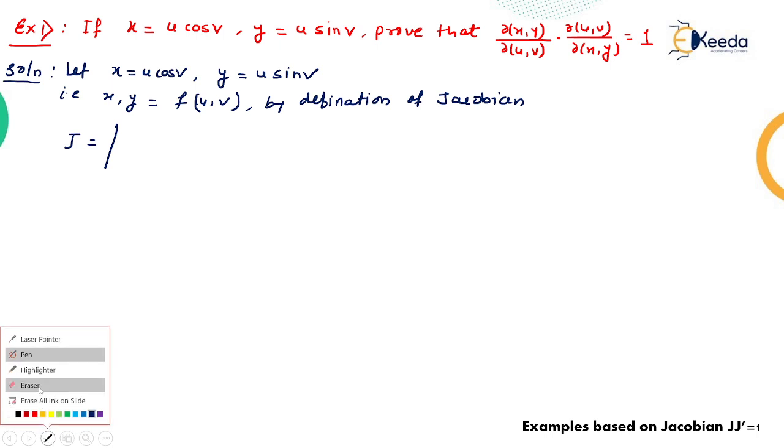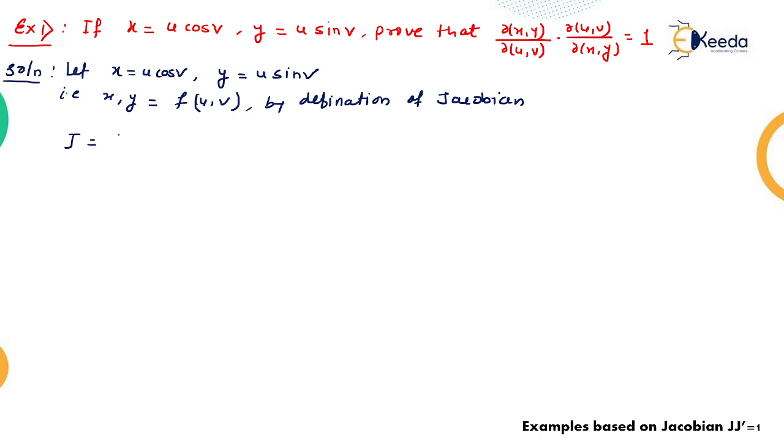So I am going to discuss it now. Now this Jacobian can be written in this way, that is a 2 by 2 determinant. What is that? ∂x/∂u, since clearly x and y are the functions of u and v, so we have to calculate ∂x/∂u and ∂x/∂v. Similarly ∂y/∂u and ∂y/∂v.